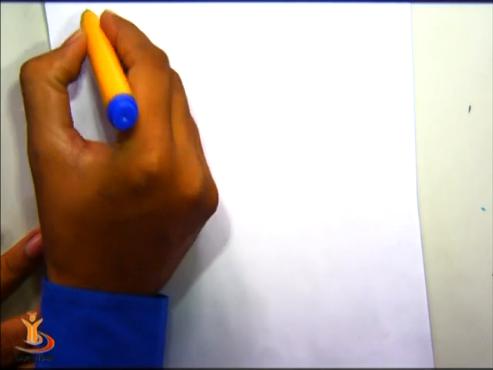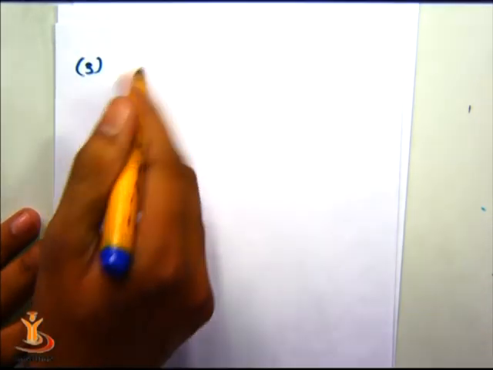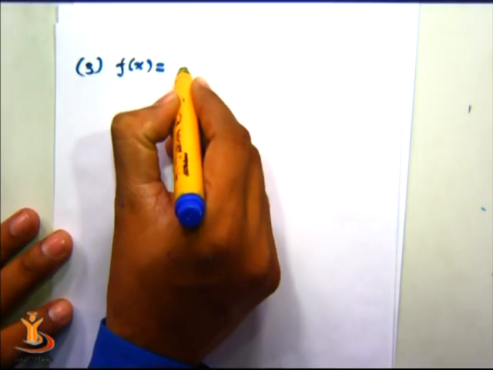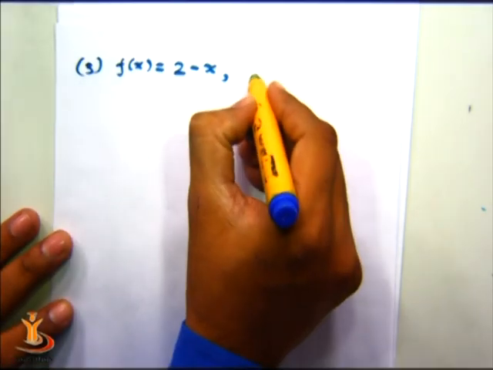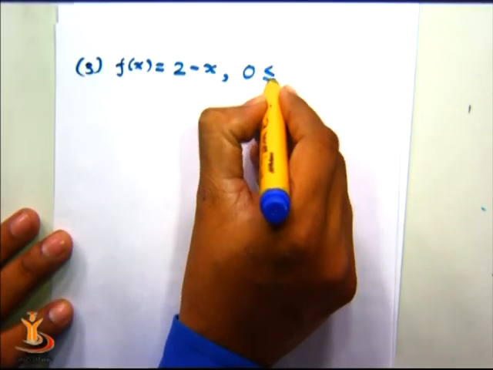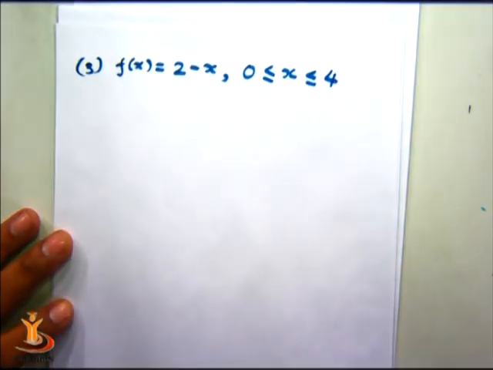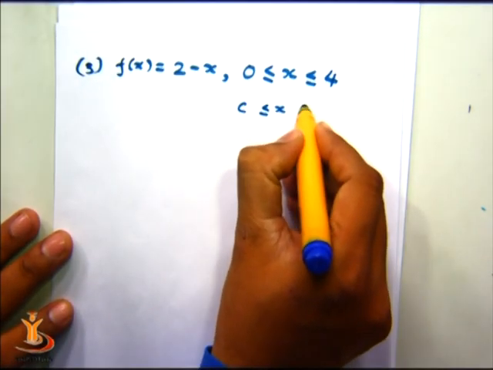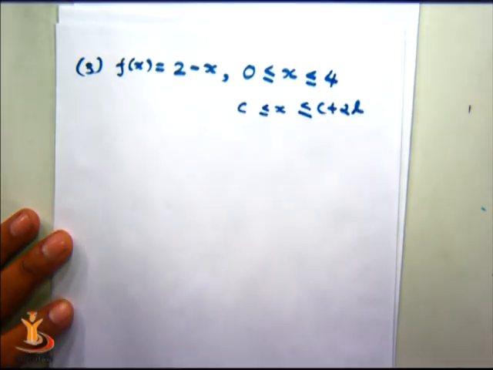So the third function is given as f of x equal to 2 minus x, limit is 0 less or equal to x less or equal to 4. You have to compare this limit with our standard limit c to c plus 2l.